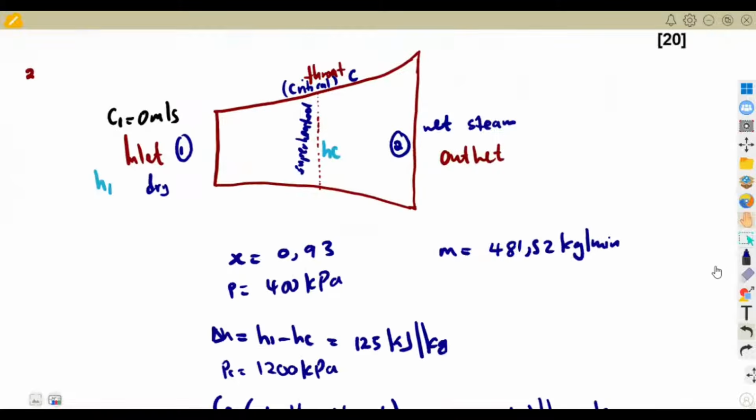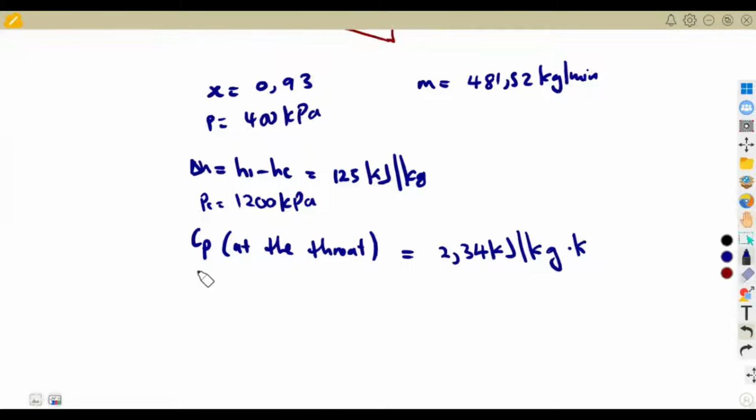Remember, we are still at the throat. So this is the temperature of the throat, TC. So the temperature there is 192 degrees Celsius. If you add 273 to convert to Kelvin, that will be 465 Kelvin.